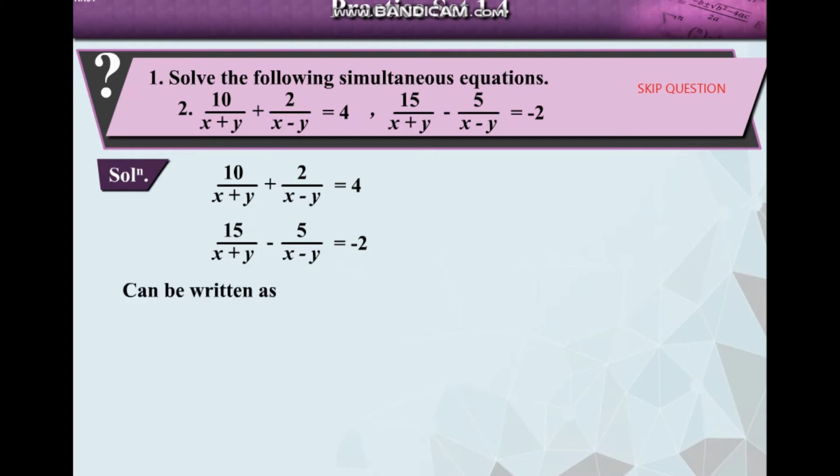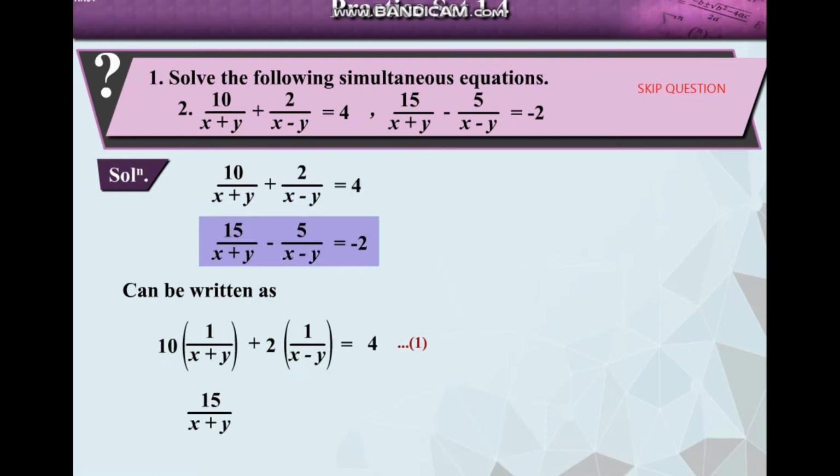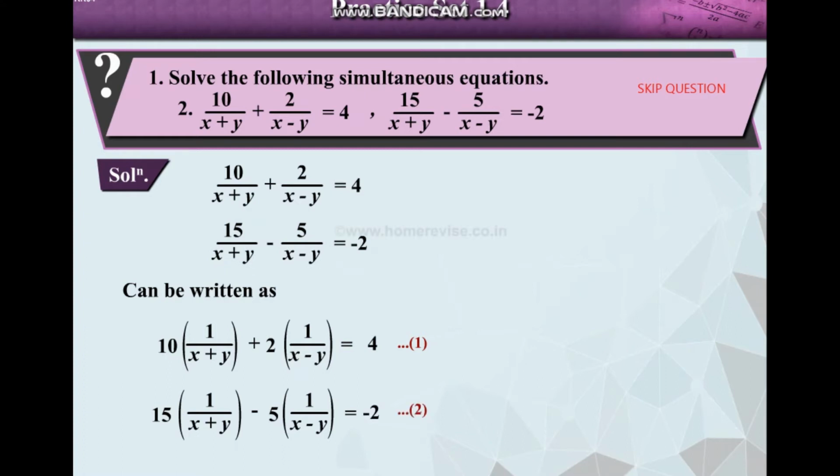Can be written as 10 multiplied by 1 upon x plus y plus 2 multiplied by 1 upon x minus y is equal to 4. Equation 1. 15 multiplied by 1 upon x plus y minus 5 multiplied by 1 upon x minus y is equal to minus 2. Equation 2.